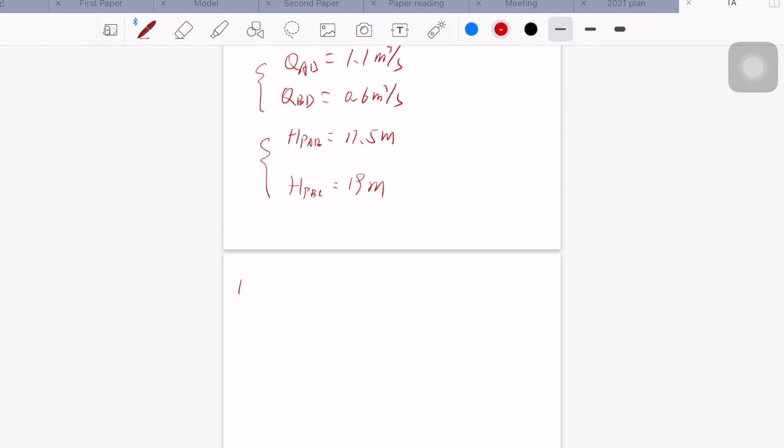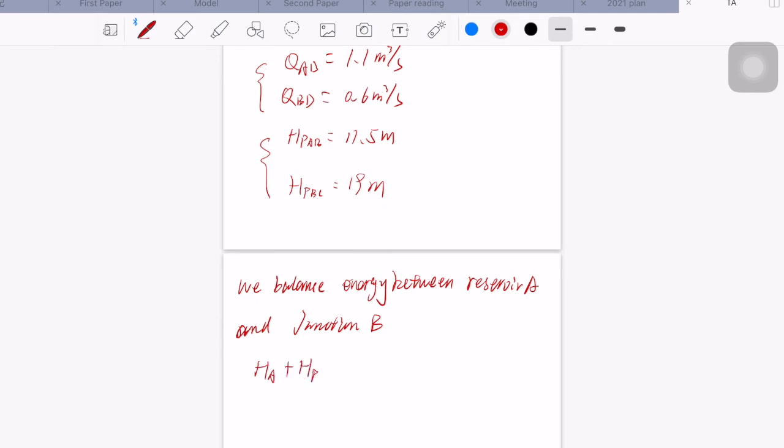So we balance energy between reservoir A and junction B. So the equation is that HA plus HPAB equals EB plus HFAB.